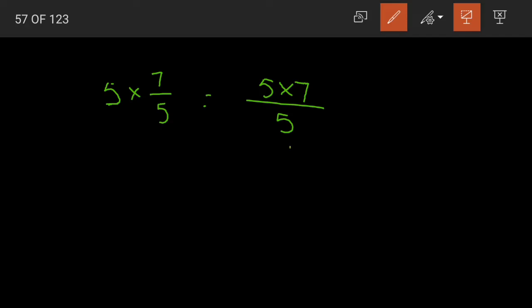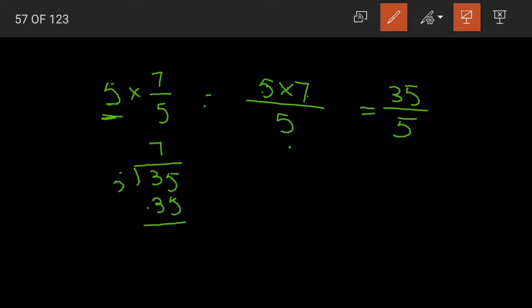Yes, the denominator is left as it is. In the numerator, we have multiplied it with our whole number. 5 sevens are 35 divided by 5. Now if we divide 35 by 5, what will we get? 5 sevens are 35. When we subtract, 0 is remaining. So what is the answer here?